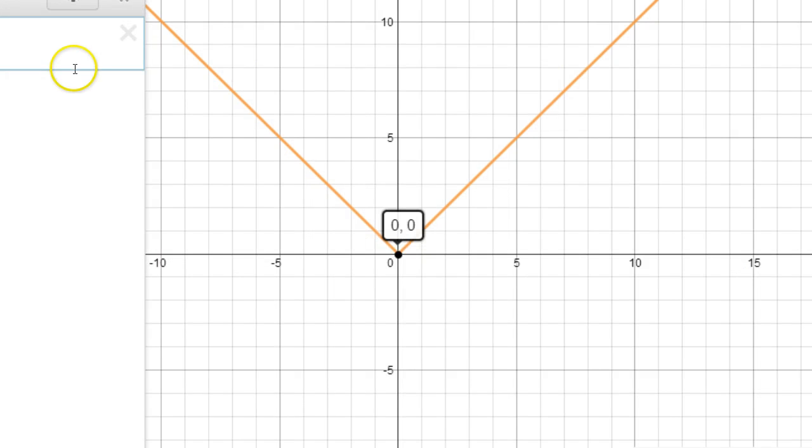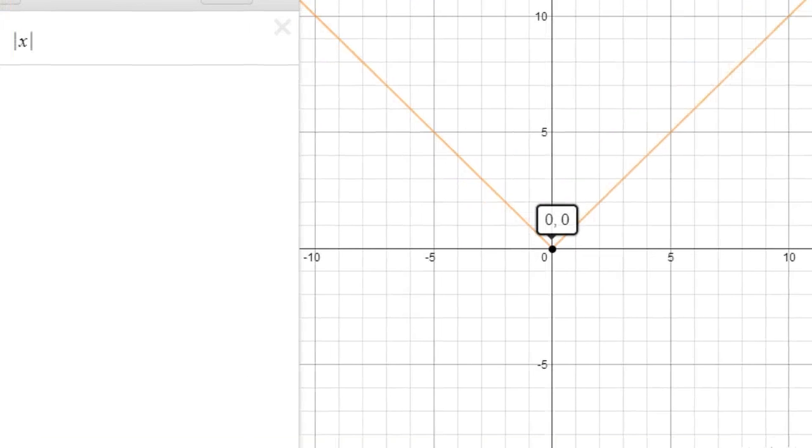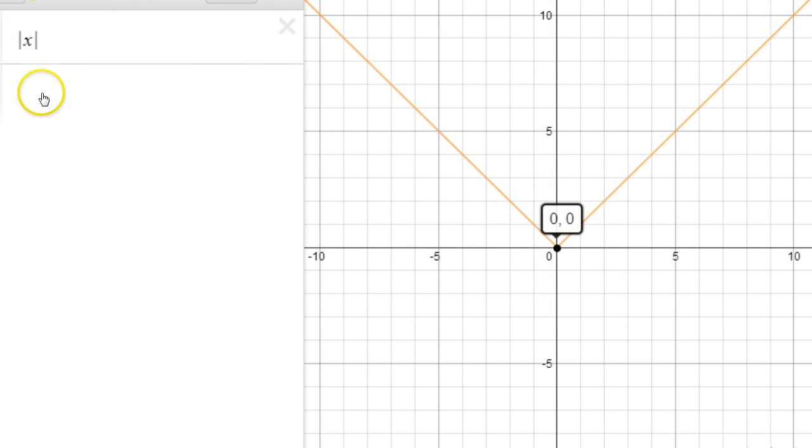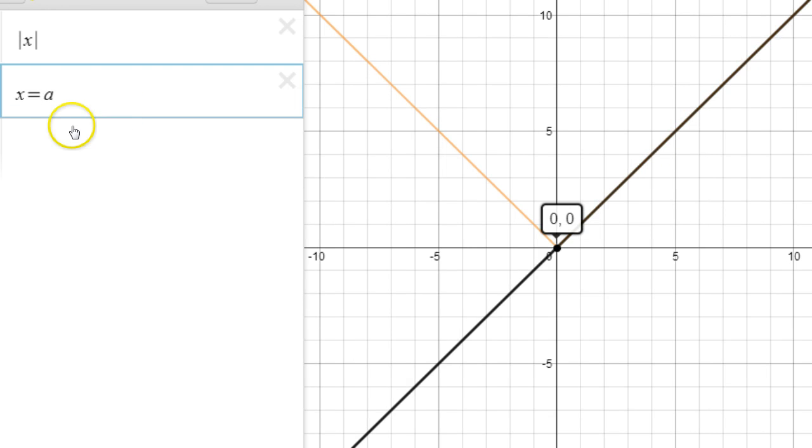Now, what if we were looking at Desmos and we were trying to work with this? For example, let's take the absolute value from last unit. Let's see if it's a function. What you do is you graph x equals a number. You can say any number you want. Y equals a.